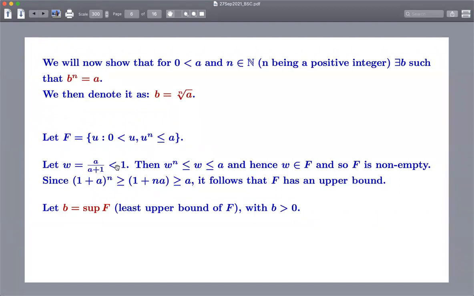Using these properties of real numbers from our axioms, or the few simple things that we have written down, it will follow that a by a plus 1 is less than 1. Now, once a by a plus 1 is less than 1, W is less than 1. W is also less than or equal to a because we are dividing it by a number bigger than 1. And W being less than 1 will tell you that W power n is less than or equal to W.